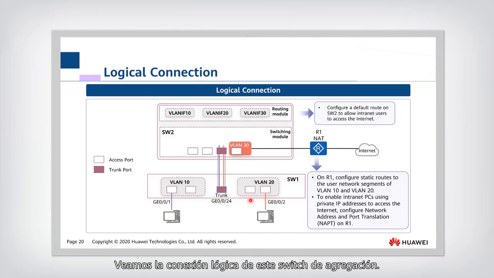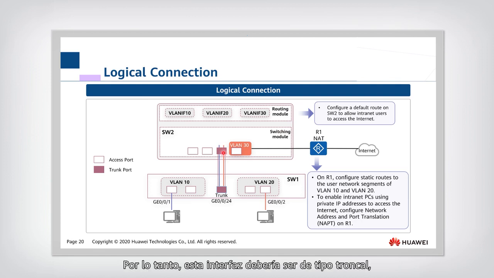And then let's look at the logical connection of this aggregation switch. This aggregation switch is a layer 3 switch. They include two modules. For the switching module, they have one interface connected with switch 1.